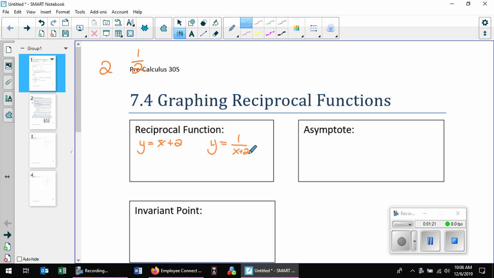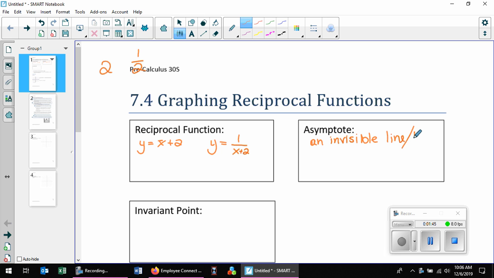So this is the first time you guys have seen asymptotes, and they are super interesting. They're an invisible line. You call it a line or a boundary.